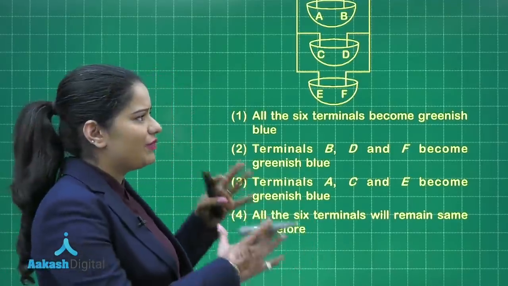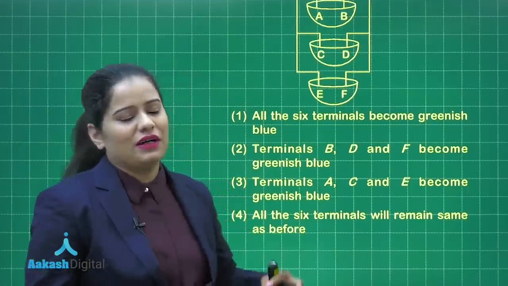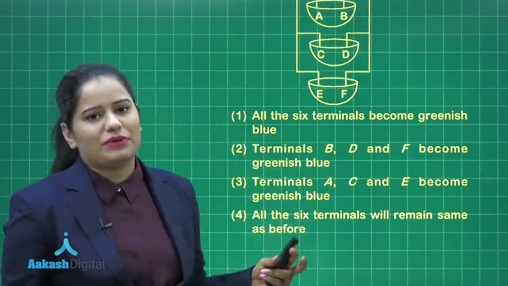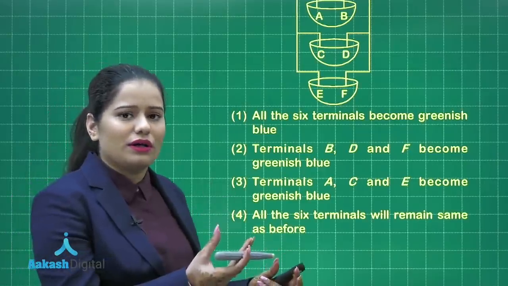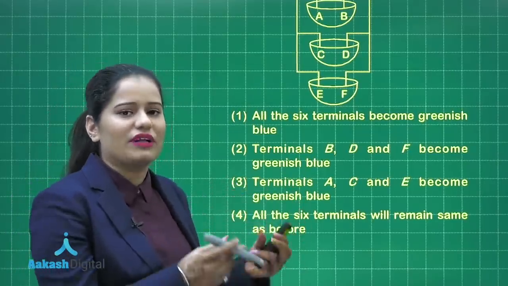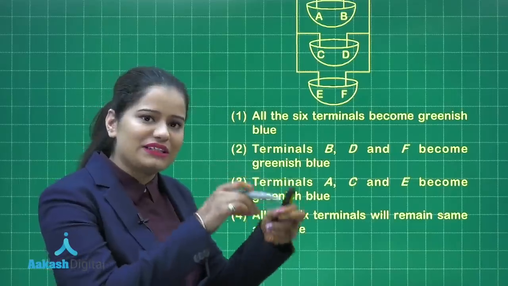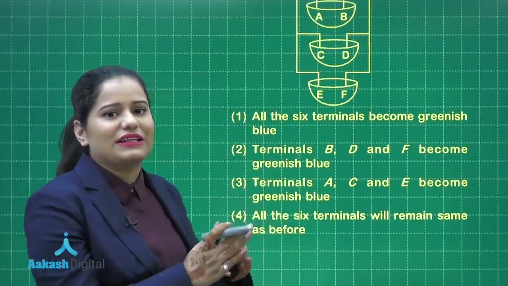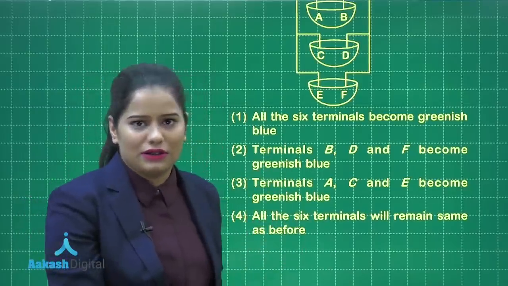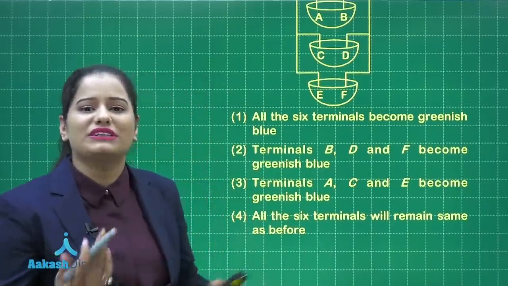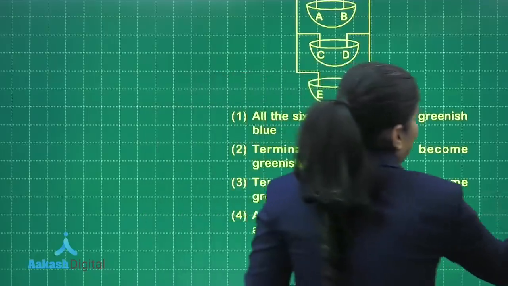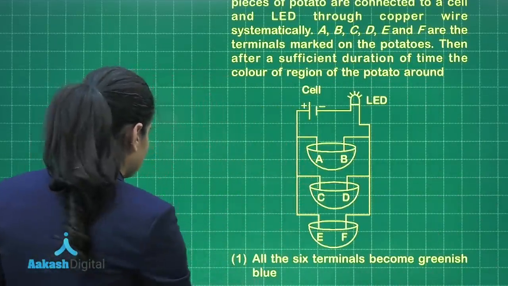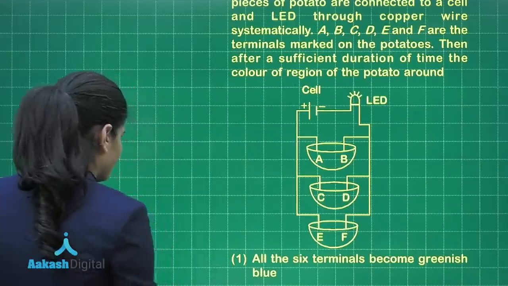Now we know this is a very important experiment in chemical effects of electric current, and as per this experiment, whenever electrodes are placed in the potato, the region around the electrode that is connected to the positive terminal becomes greenish blue after some time. So here if we have a look in the given figure, let me just mark these terminals for you.